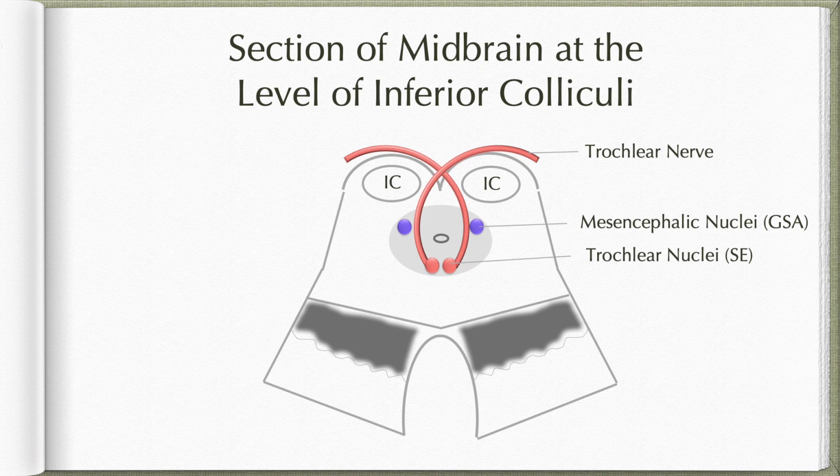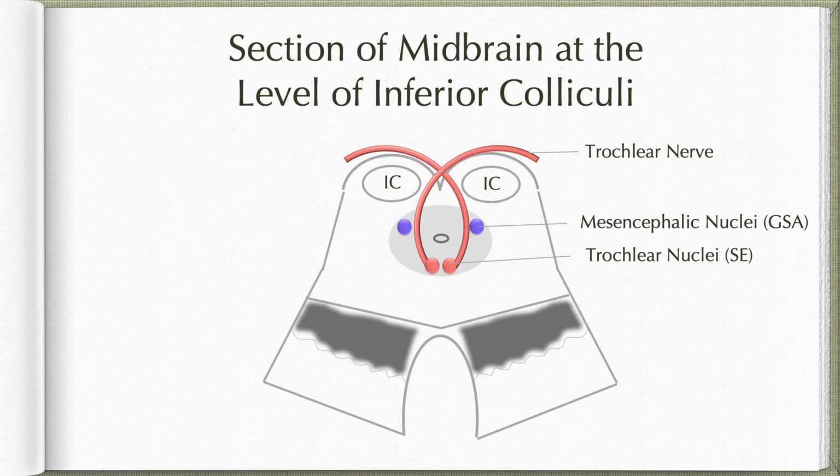So the fibers which have started from the right nucleus will be supplying the left superior oblique, and the fibers which are starting from the left nucleus will be supplying the right superior oblique. This is a unique feature. In fact, no other spinal or cranial nerve will have this crossing. The nerves which are starting on the right side will supply the right structures, and nerves which are starting on the left side will supply the left structures.